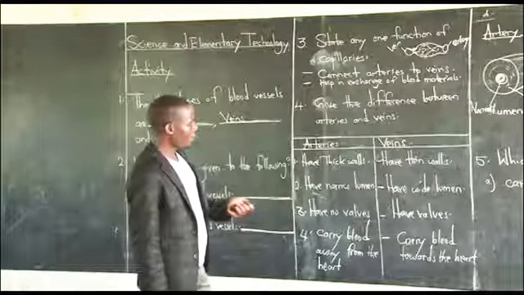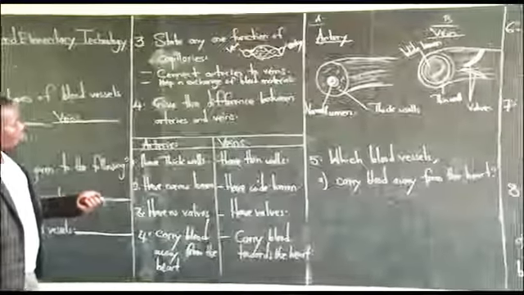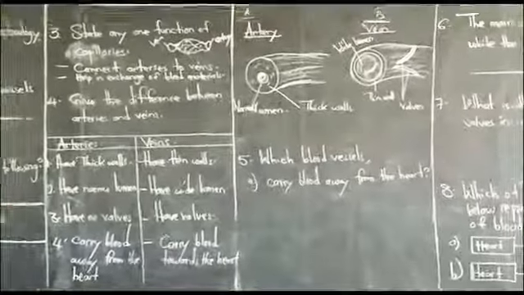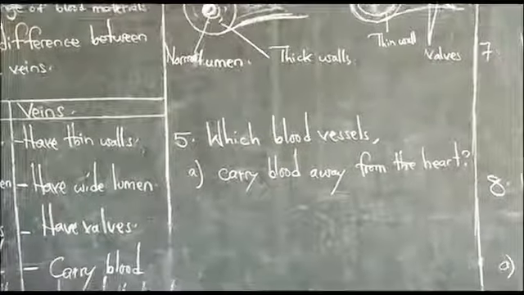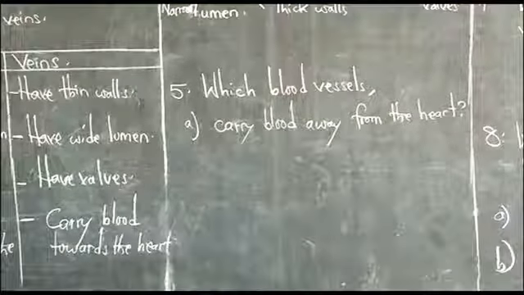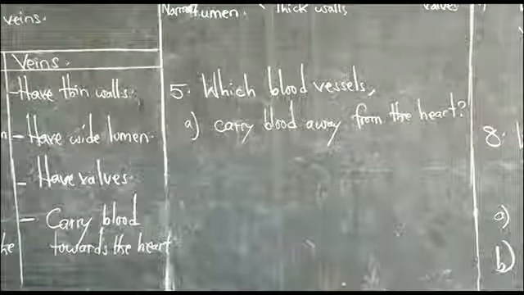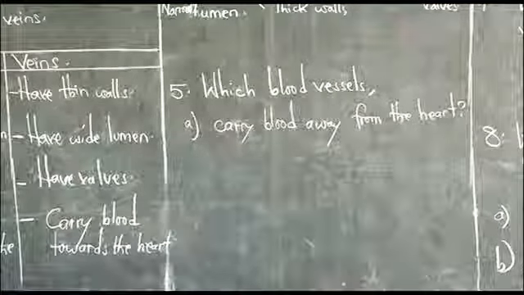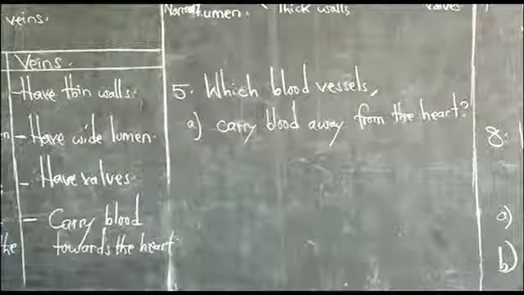Next number here, we're asked which blood vessel, we are given A, carries blood away from the heart. So these 3 blood vessels, which we talked of from our number 1 first, that is arteries, veins, and capillaries. So which blood vessels carry blood away from the heart?